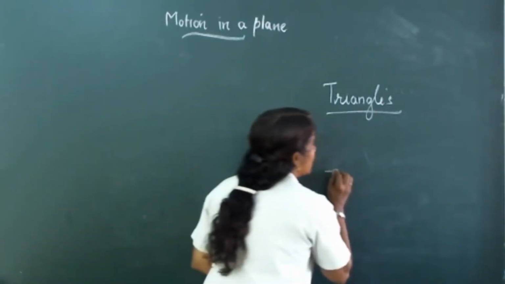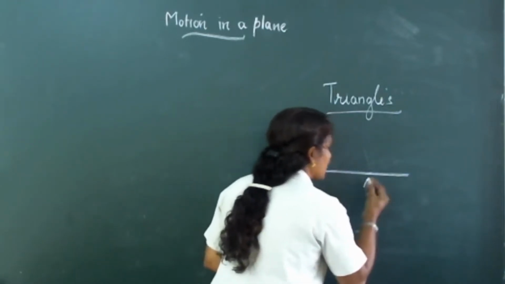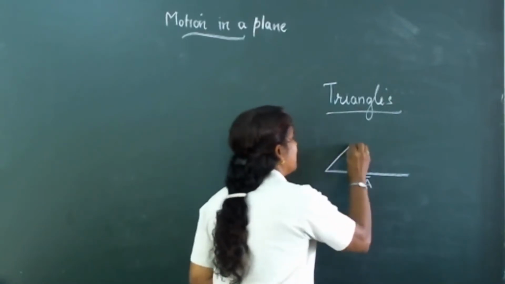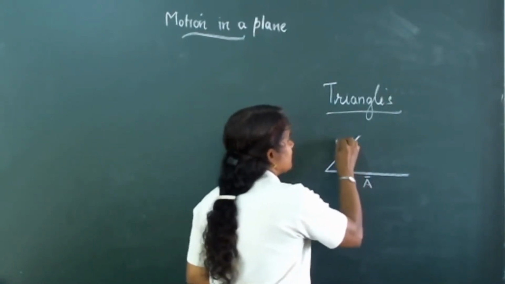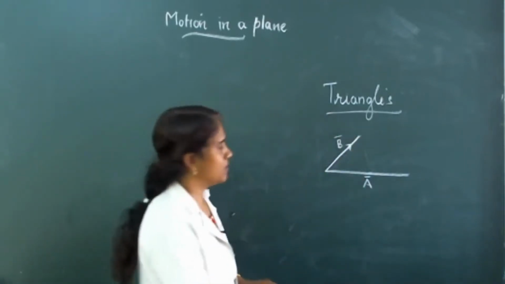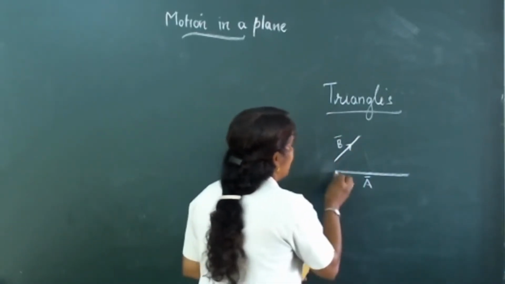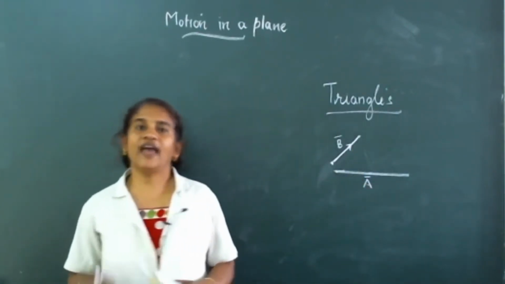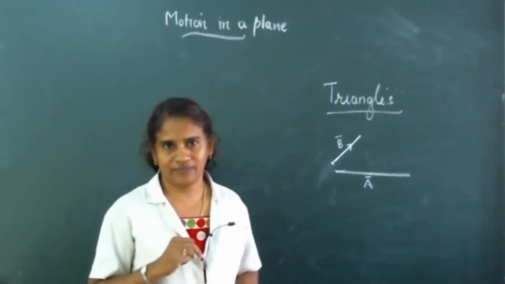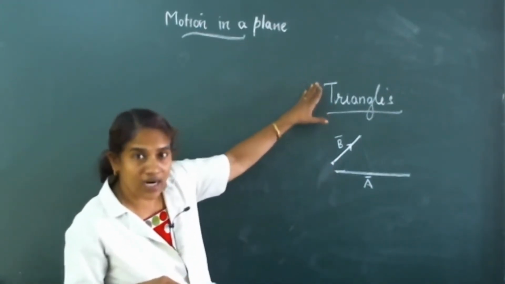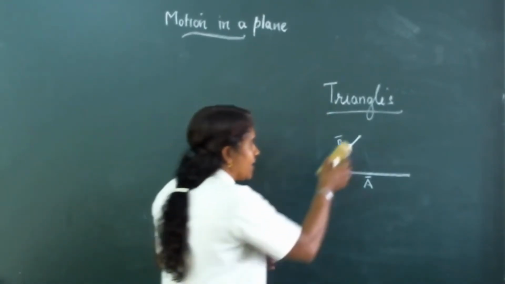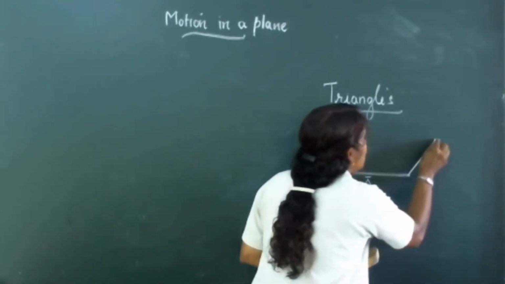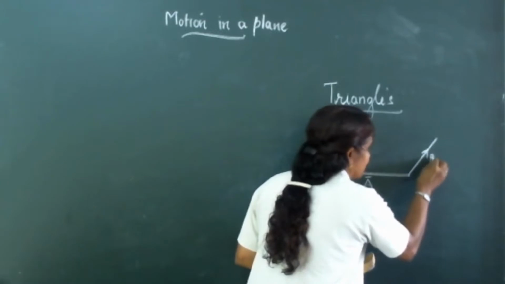According to the triangle law, if we have two vectors, vector A and vector B, and we have to add these two vectors, we can keep the second vector as the continuous side of the first vector.